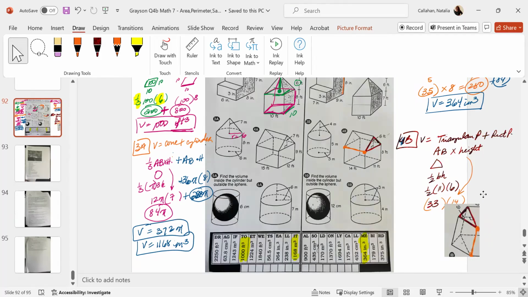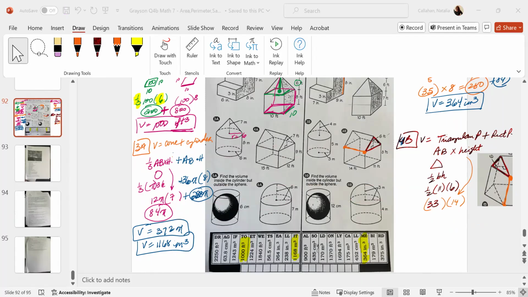Do you see how the height is going to be the orange part right there? And what's that orange part? Good. So 33 times 14 is 462.